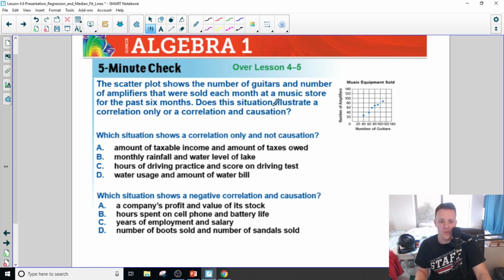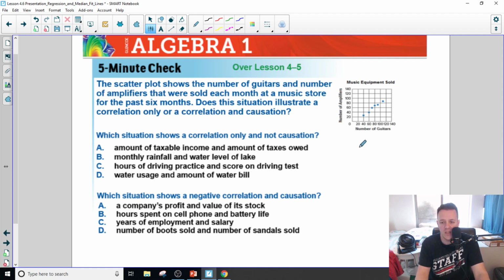All right, so starting off, the scatter plot on the right shows the number of guitars and number of amplifiers. Does the situation illustrate a correlation only or a correlation and a causation? Well, if you look at this, we're just looking at the number of guitars and number of amplifiers. And I don't see a 1-to-1 ratio.